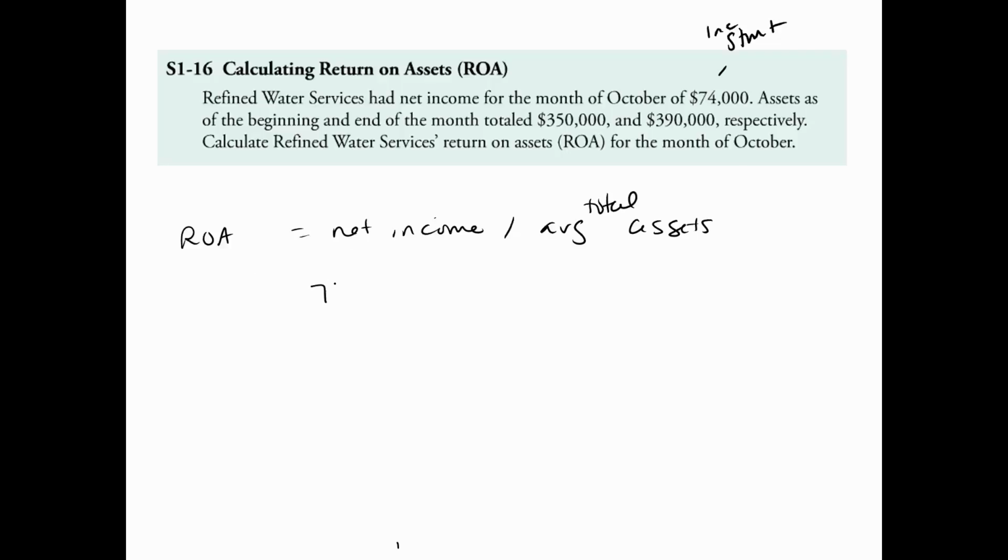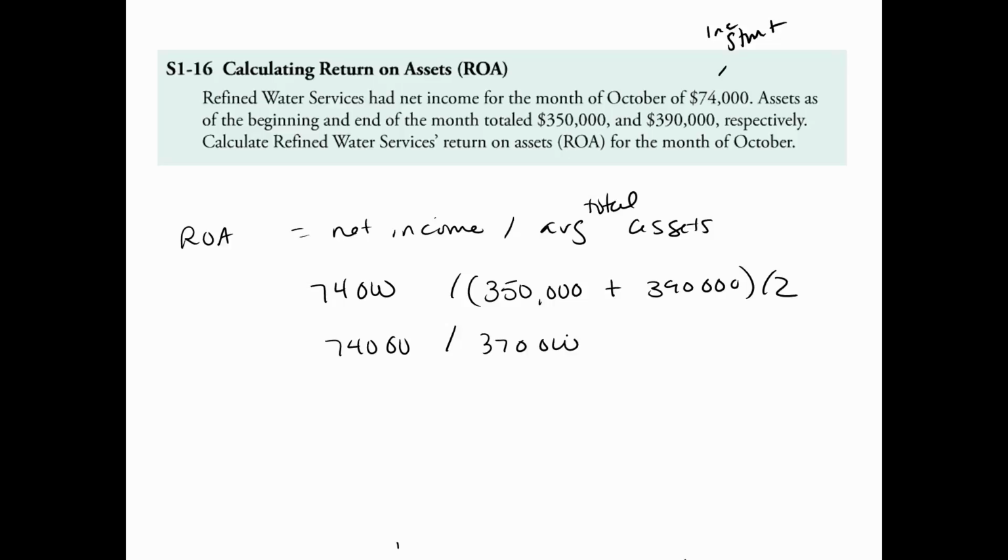The net income was $74,000. The assets at the beginning of the month were $350. At the end of the month were $390. If I average those two together, I get 74,000 divided by 370. So I get 0.2. So the ROA is 20%. Return on assets of 20%.